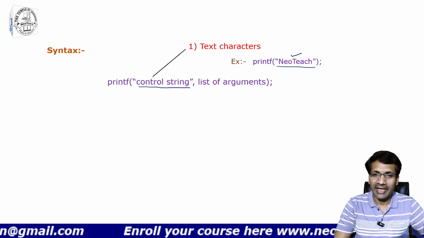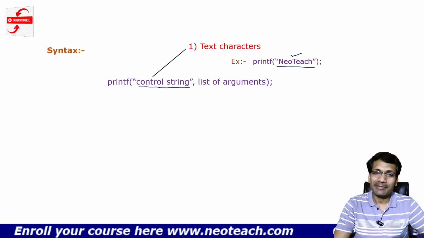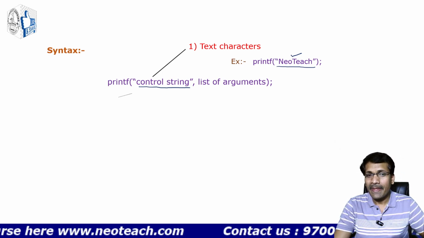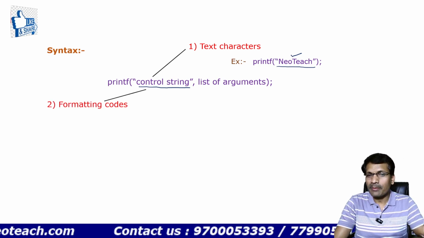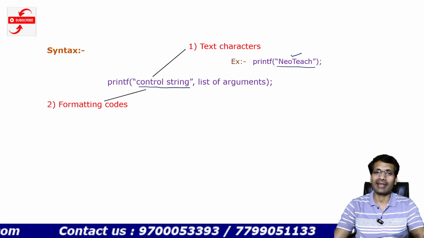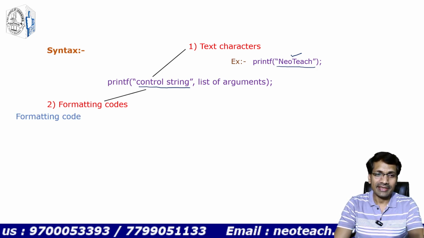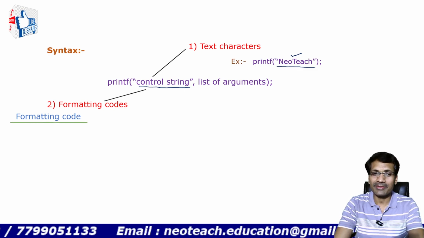This is one thing. The second element is formatting codes. To format different kinds of data, we can use formatting codes. We will see what the formatting codes are and what the purpose of using them is.